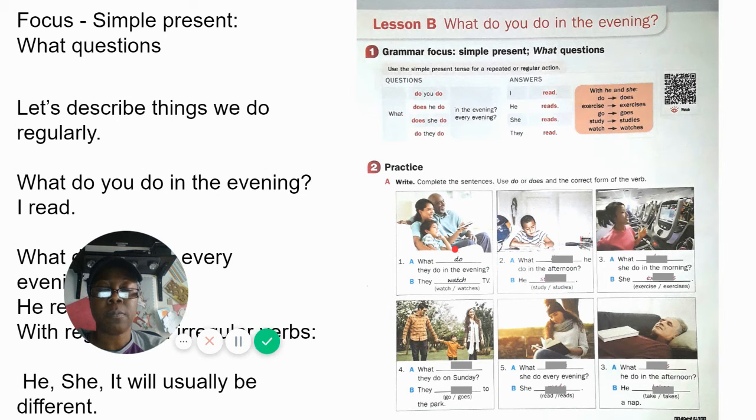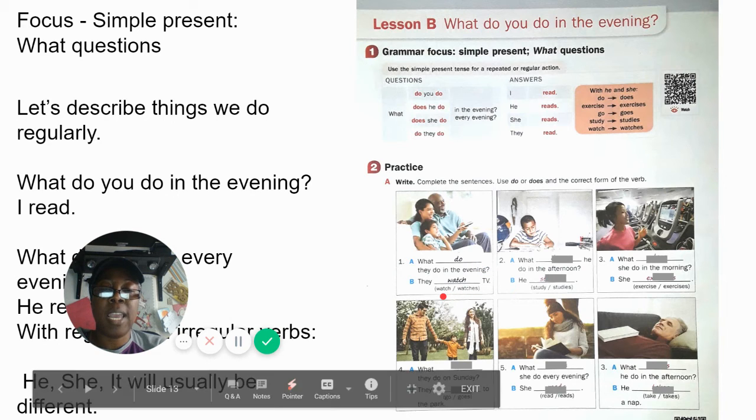So let's look at each one. Number one is already completed for you. Number one, A, what do they do in the evening? Our subject is they. So we know that with they, it's what do they? What do they do in the evening?